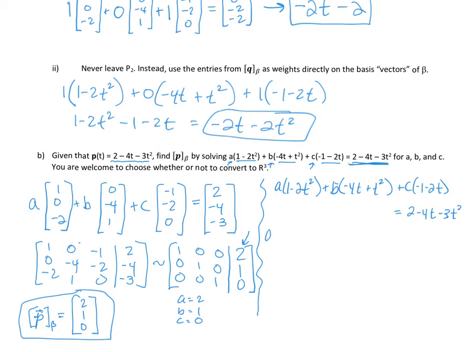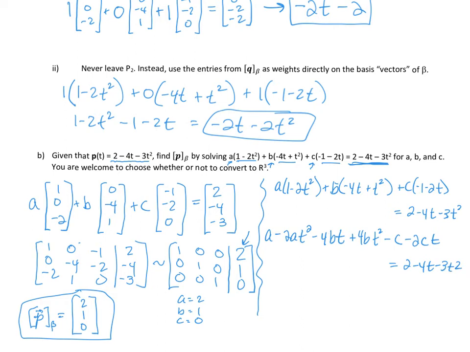So I'm going to have a minus 2at squared minus 4b plus 4b, minus, that wasn't right, minus 4bt plus 4bt squared minus c minus 2ct equals 2 minus 4t minus 3t squared.